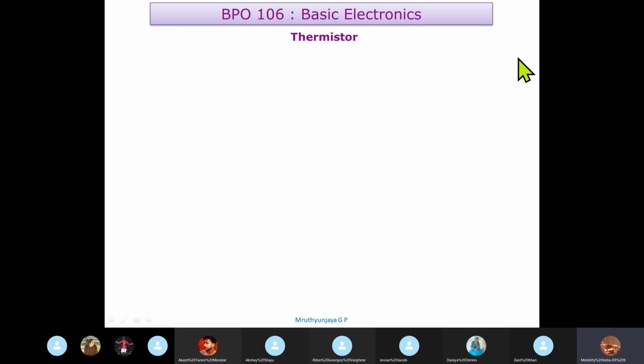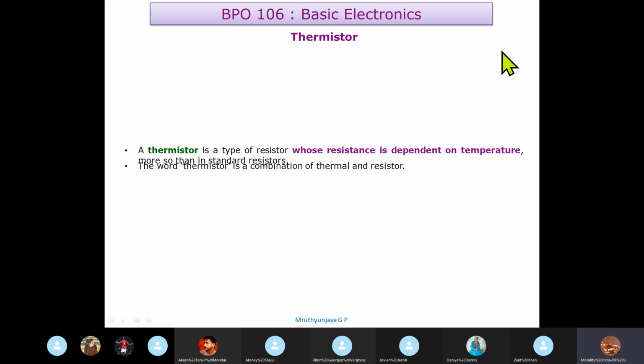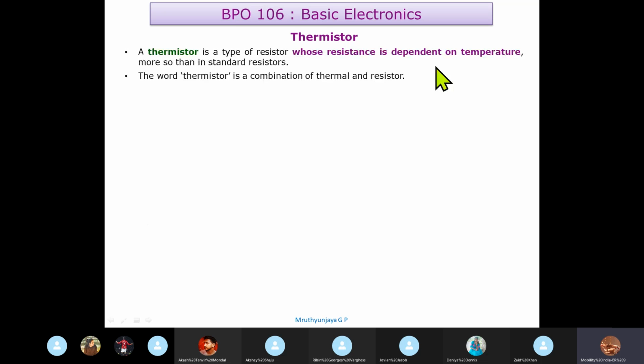So one type of resistor is called a thermistor. As the name suggests, thermistor has something to do with temperature, thermal. It's a type of resistor whose resistance is dependent on temperature, that is, it changes with temperature. When we were discussing the color codes, we were discussing the stability of the resistance with changes in temperature.